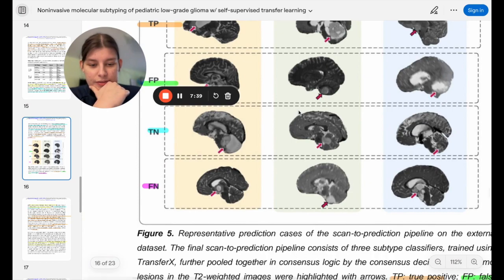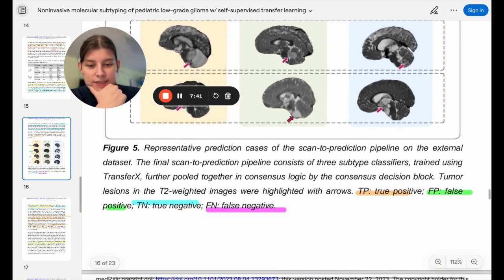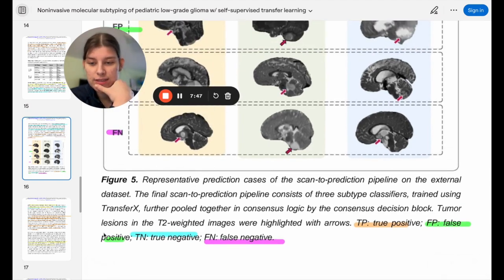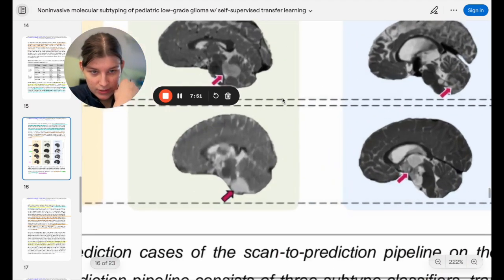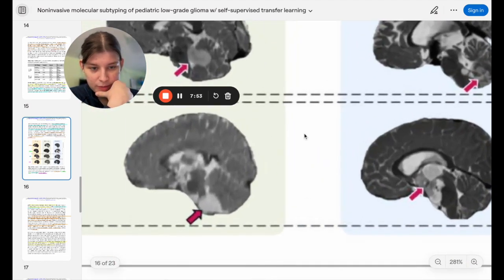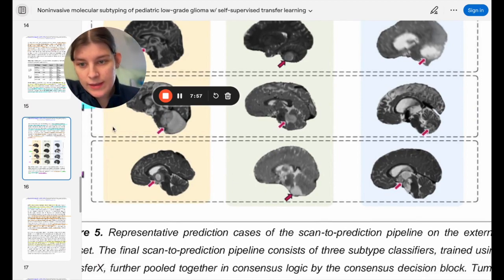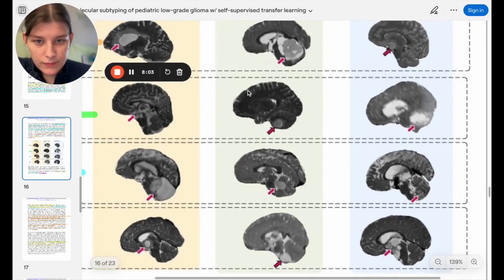So here we have the different representations through the pipelines, and this is how the consensus decision block worked. Then you can see the different tumor lesions in these T2-weighted images, all highlighted with the arrows. So here is one of the tumor lesion areas, and you can see here, and here, and then the same with these ones.